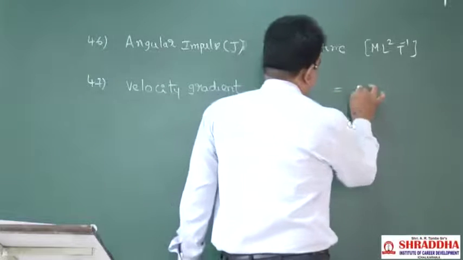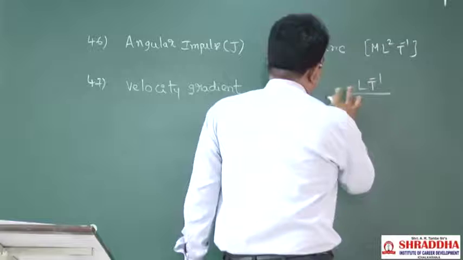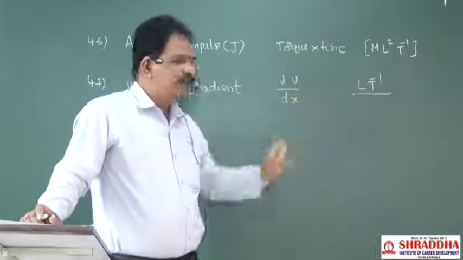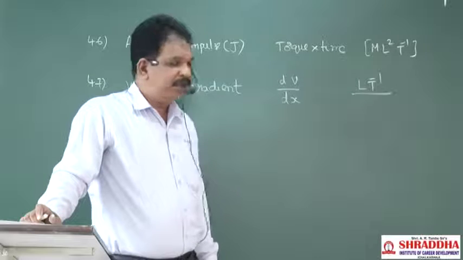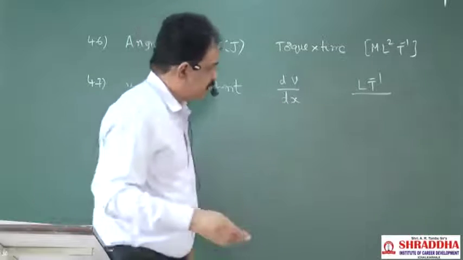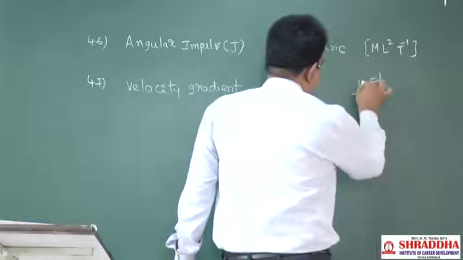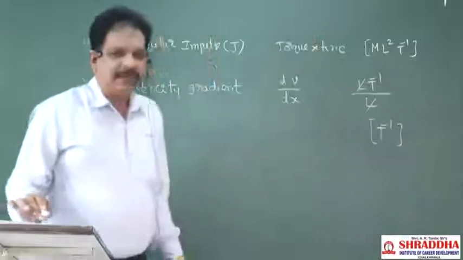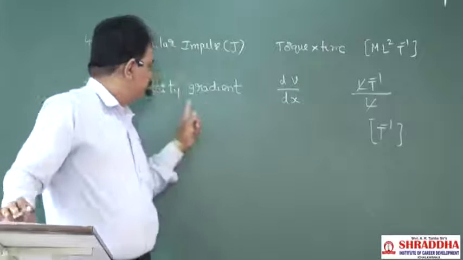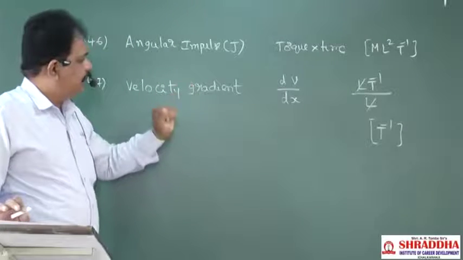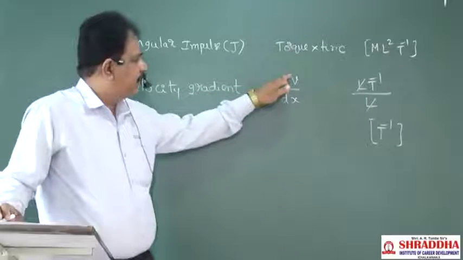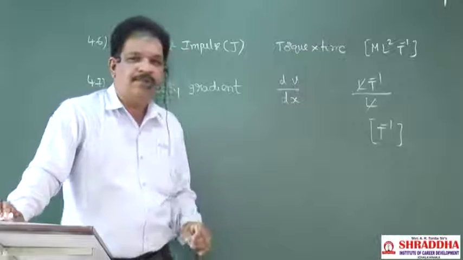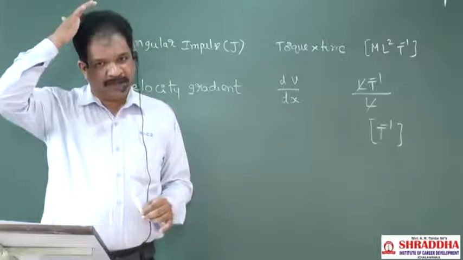The change in velocity has the same dimensions as velocity, that is L T power minus 1. Length will be L. L will cancel, and this value will be T power minus 1. So the velocity gradient formula is dV by dx, and its dimensional formula will be T power minus 1.